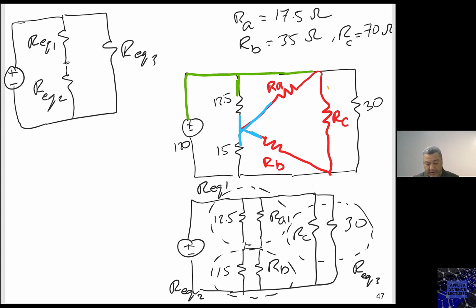So here you have RC and 30, times 70, divided by 30 plus 70, is 21.